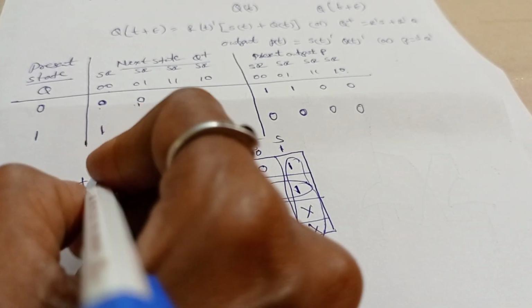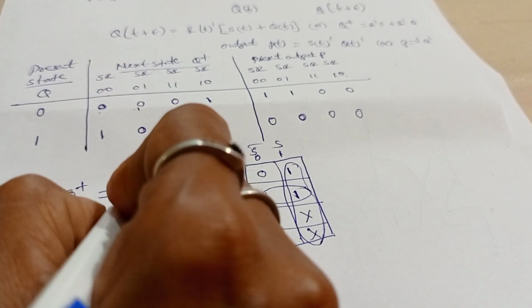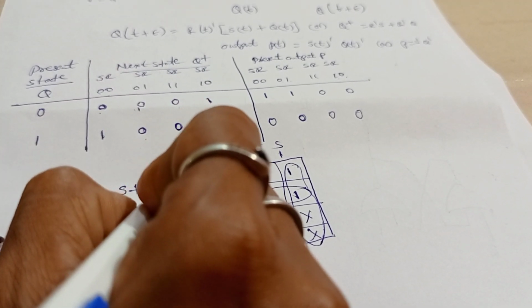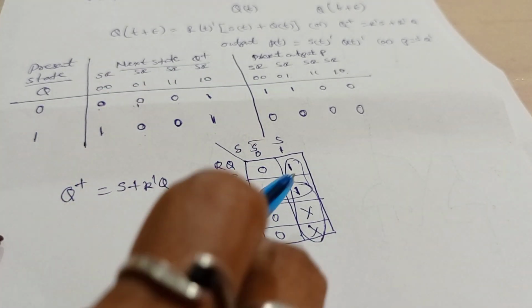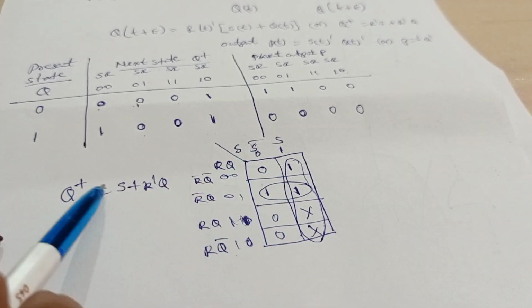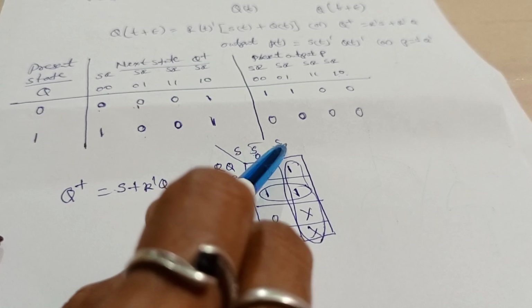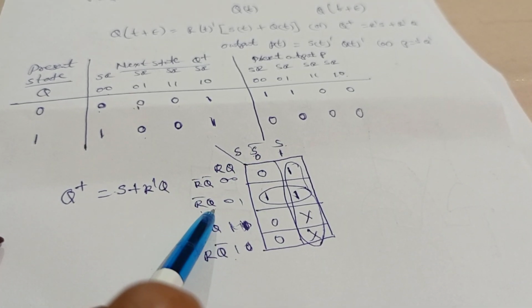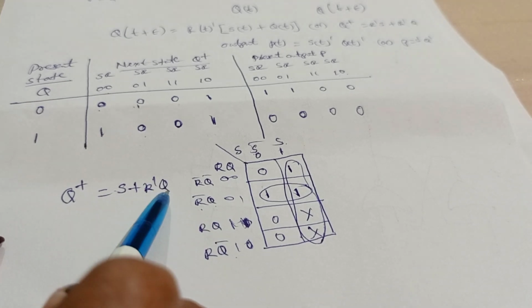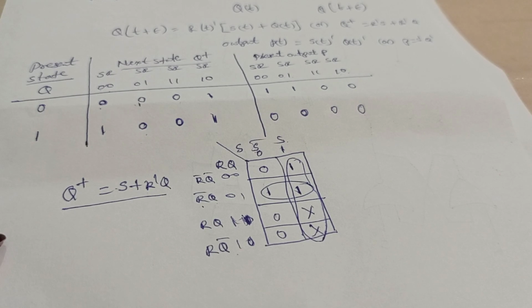This is the characteristic equation: S plus R bar Q. Because on this side two variables are changing, eliminate these two variables, and we get S. And for this pair, S is changing, Q bar and R bar and Q remain as they are. So R bar Q. This is the characteristic equation for the SR latch using NOR.